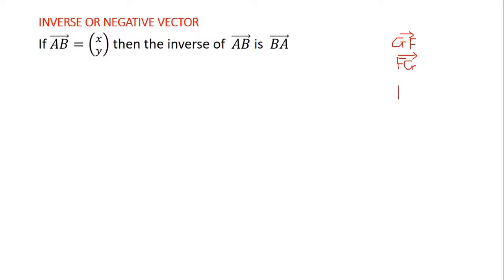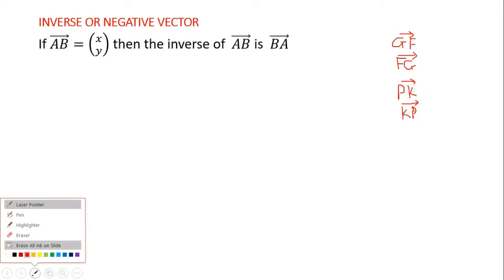In the same way, if you have the vector PK, and you interchange their positions and have vector KP, we say that vector KP is the inverse of vector PK, or vector PK is the inverse of vector KP. So if you interchange the position of the letters, one is the inverse of the other.